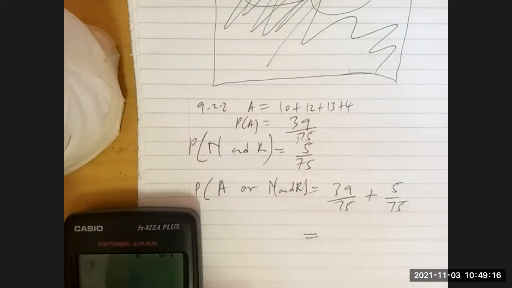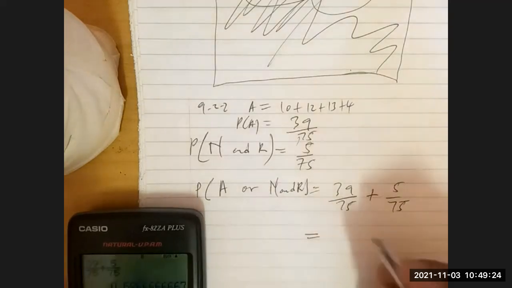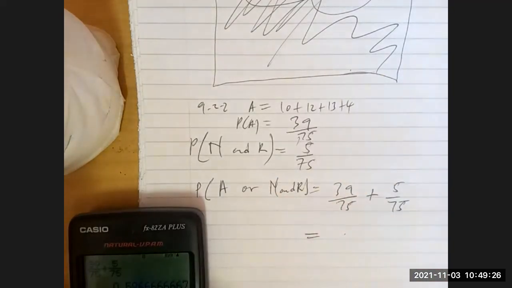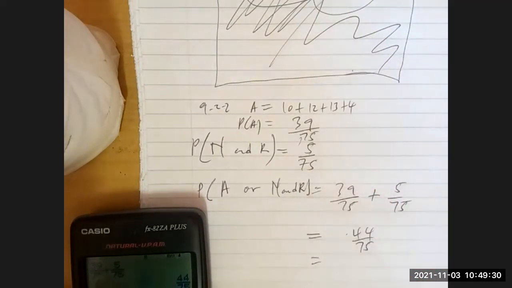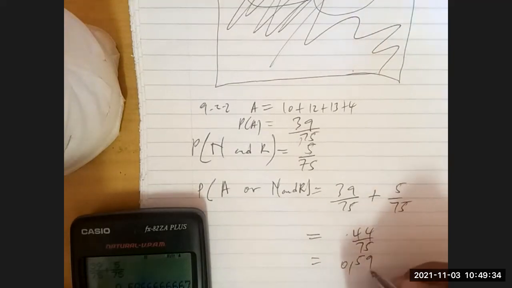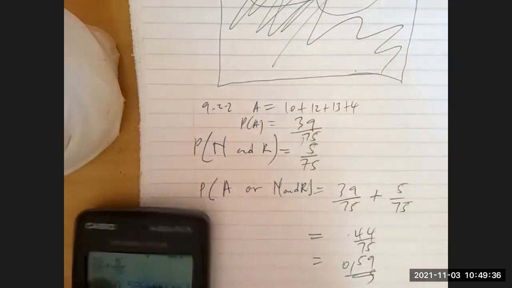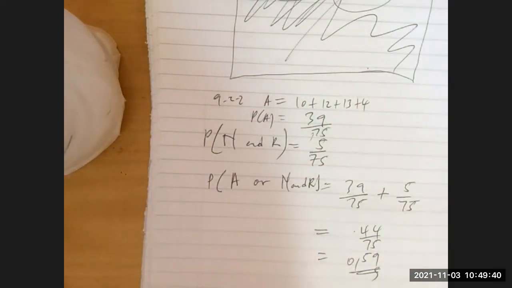It so happens that it gives us 44 over 75, which is equal to 0.59. So that is how question 9 will have been solved, and this is where it ends.